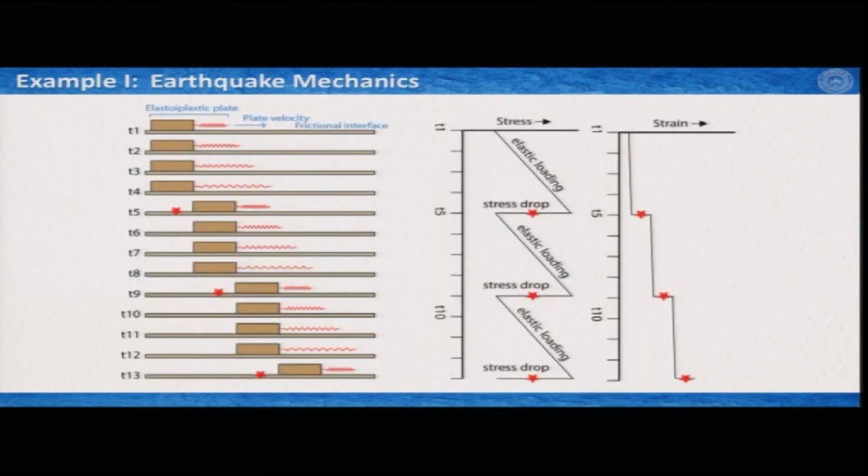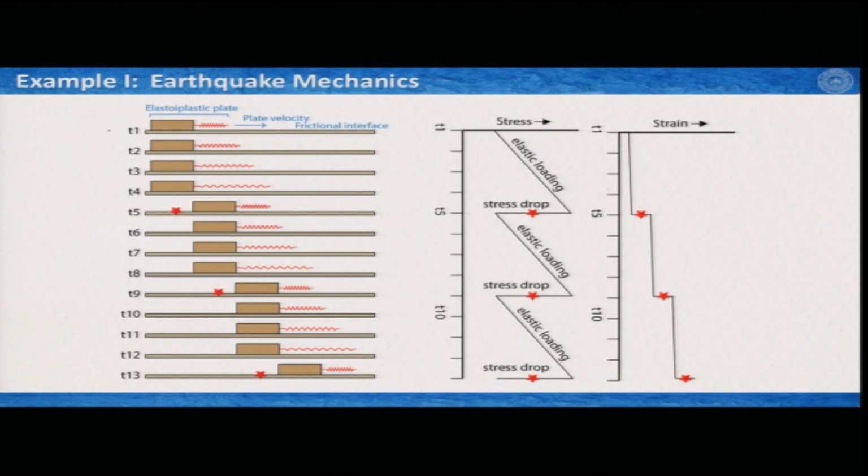So, what we see here, I have tried to provide an illustration. What we are considering is that this spring and the friction block together form the elastic plate. The pull I am applying to this spring is the plate velocity, and this frictional interface is your contact between the continental plate and the oceanic plate.